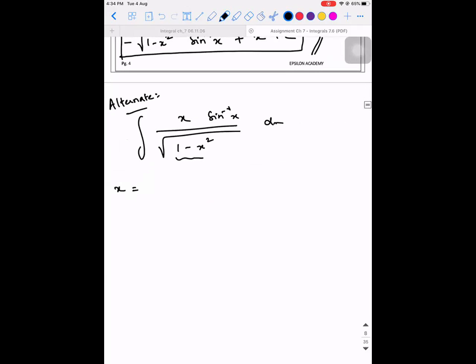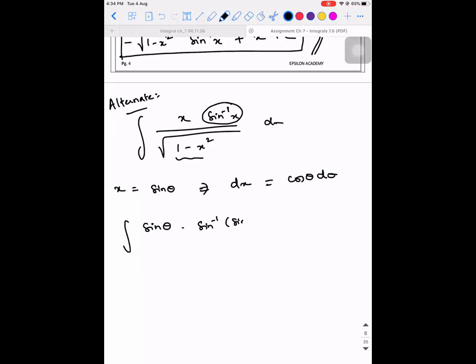You can use either sine theta or cos theta. But in this question, what will you choose? You can choose sine theta because you have a sine inverse x. So if I put x is equal to sine theta, then this implies dx is equal to cos theta d theta.